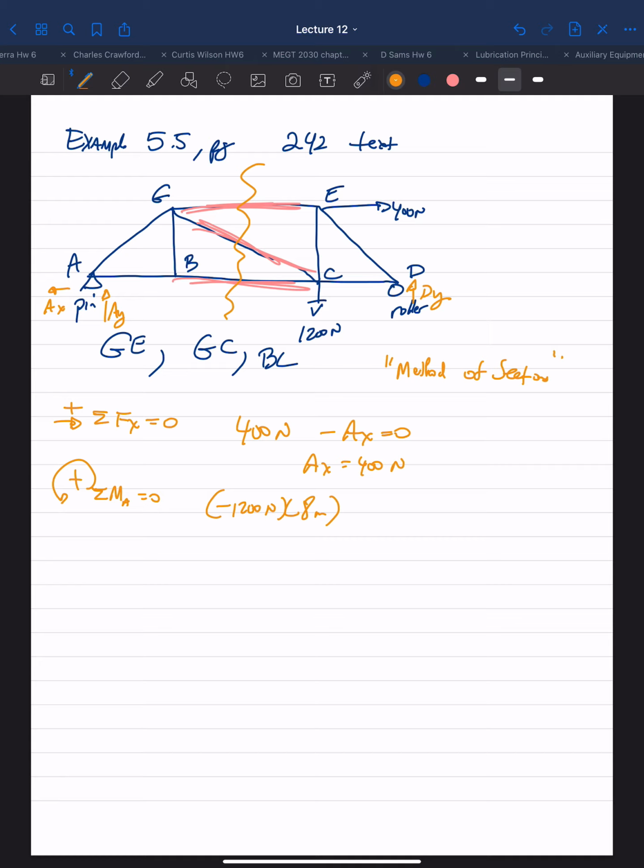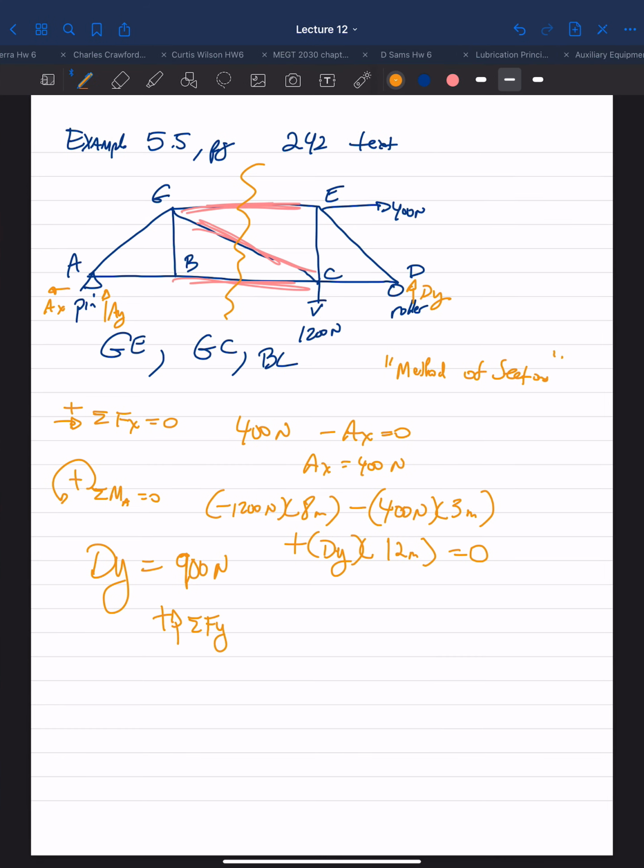It's negative because it's causing clockwise rotation about point A. You get your minus 400 newtons, perpendicular distance is 3 meters, plus your DY, perpendicular distance is 12 meters. So your DY is 900 newtons.